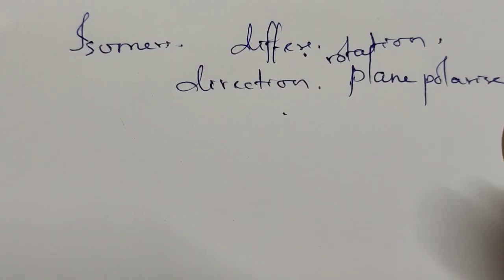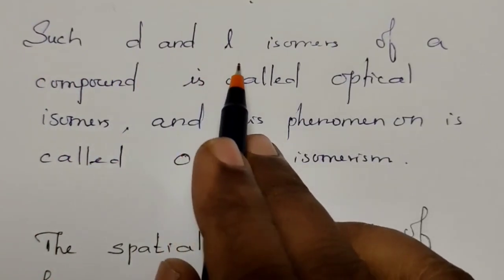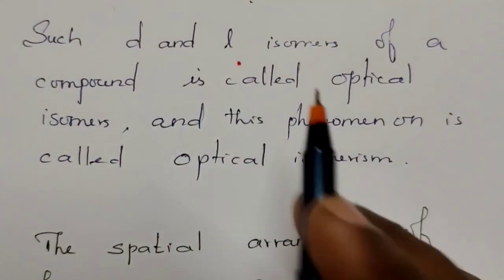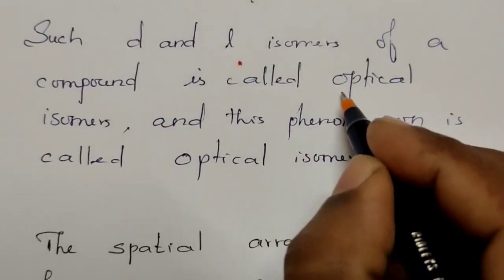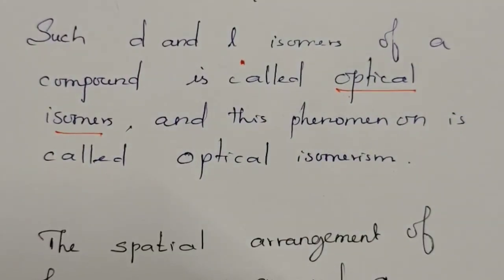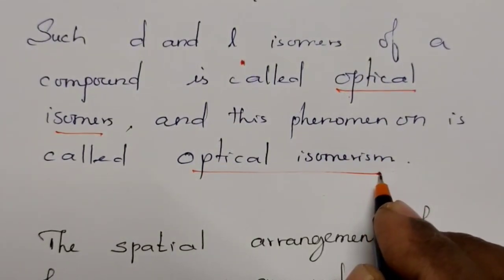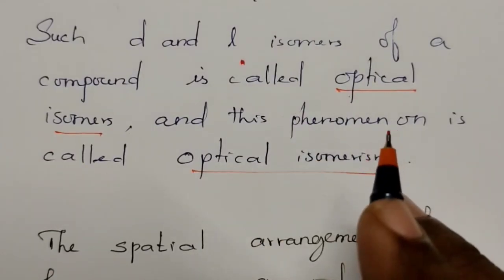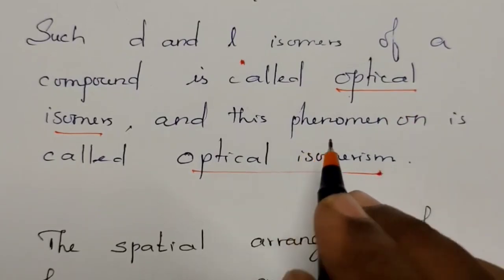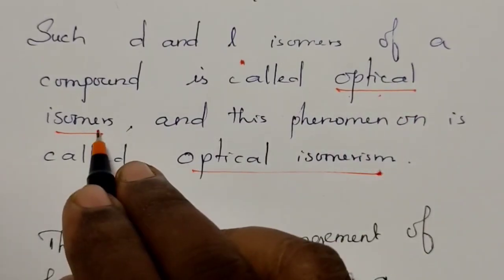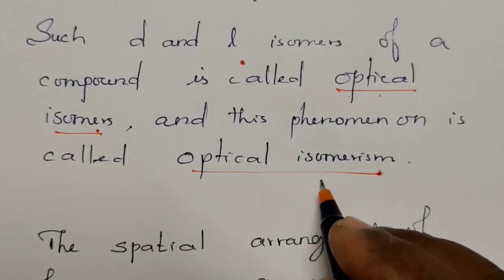Such D and L isomers, which rotate the plane polarized light in opposite directions, are called optical isomers, and this phenomenon is called optical isomerism.